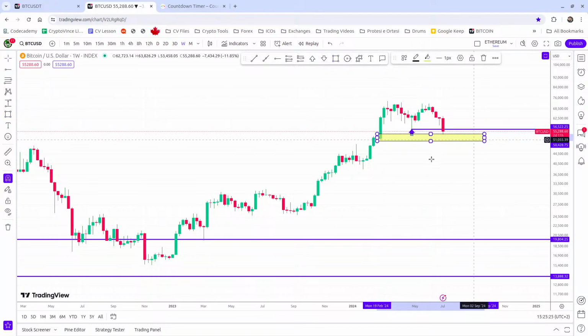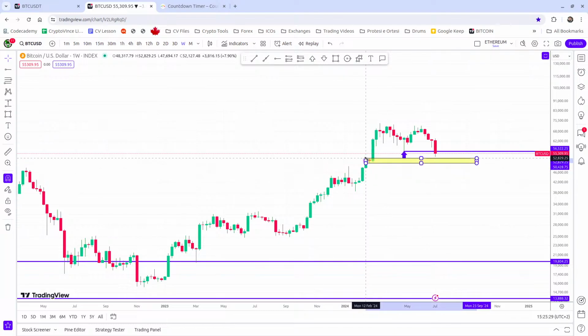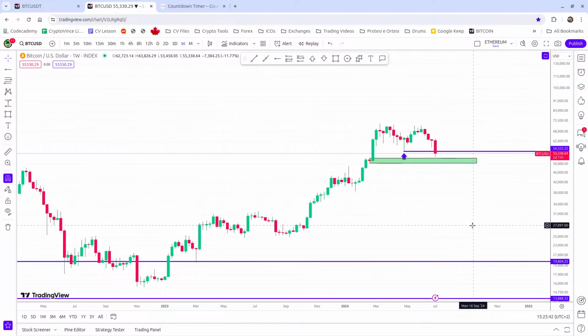Right there. Not quite there. This is a demand level. Let's make it green. So it could go there, and that's around 50k.